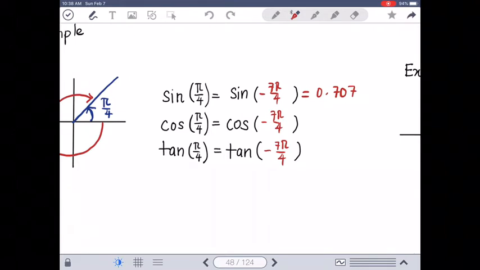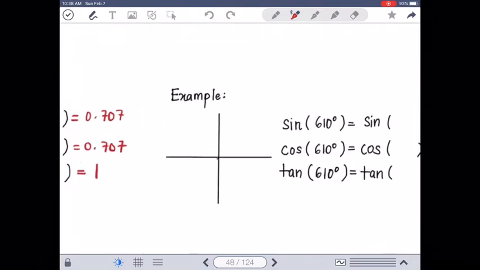And if you find cos pi over 4, you should get 0.707, and tan is just equals to 1.